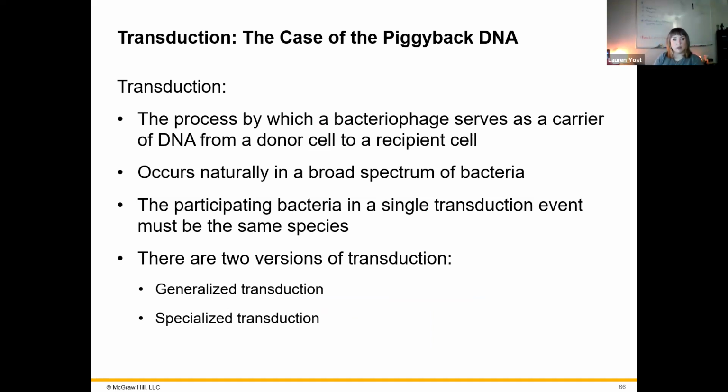Pretty cute little experiment. So transduction. This is, it says the case of piggyback DNA. Essentially, you get infected by a virus, and that virus can take with it different bits of DNA, either from you to the next host or from a previous host and then put it into you. It could be predictable genes, or it can be any gene anywhere in the genome, depending on the two kinds of transduction, which are generalized and specialized.